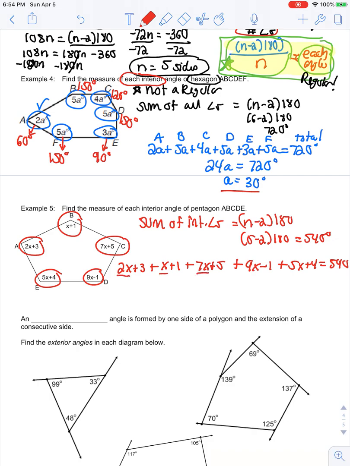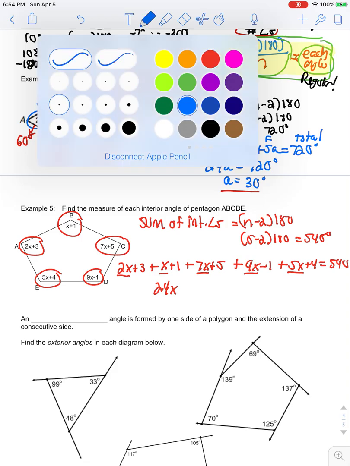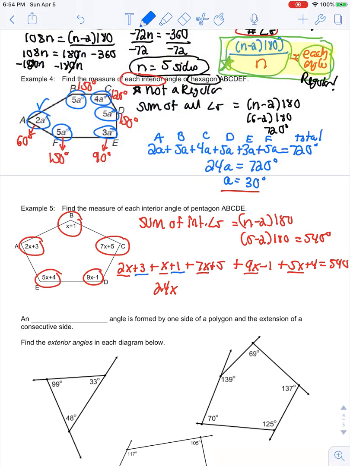Add all your like terms together, 2x, 3x, 10x, 19x, and 24x. Then we will add our 3 plus 1, that's 4, 9, minus 1 is 8, plus 4 is 12, equals 540. And when we solve this equation, we find that x is 22 degrees.